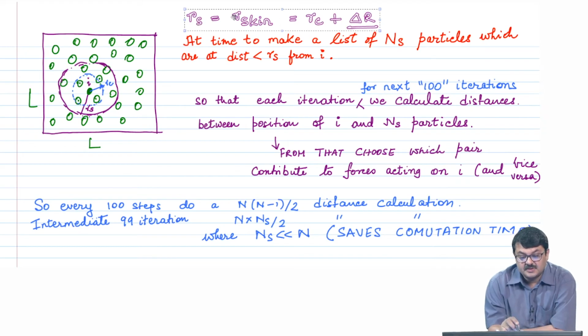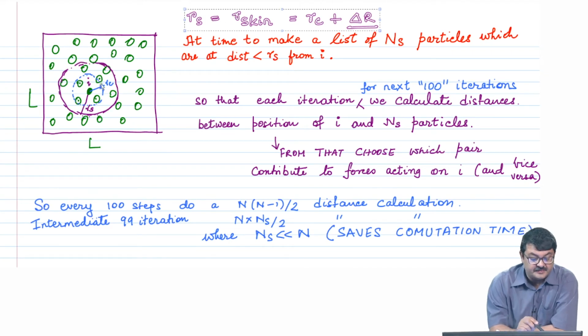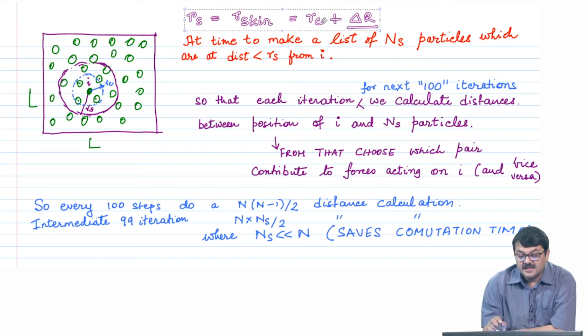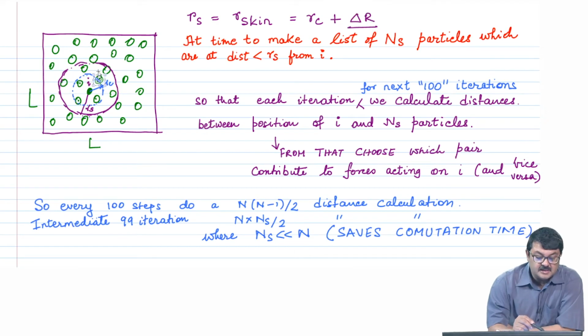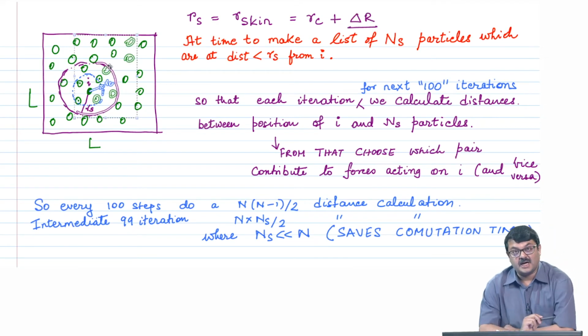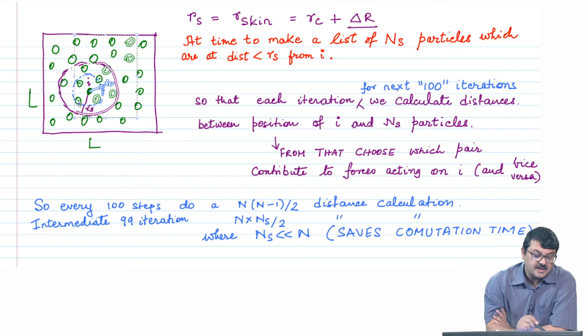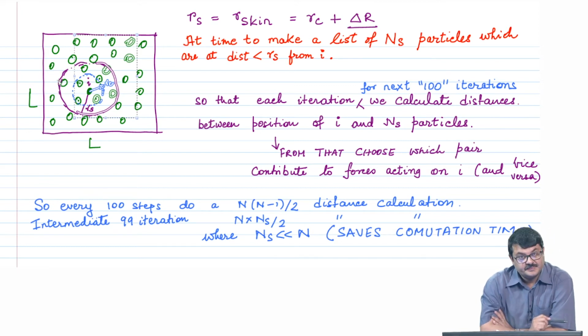This s stands for the word skin, and the radius of this larger circle, which is definitely larger than r c, is r c plus a certain delta r. So, from here to here is delta r. You basically make a list of all particles which are within this distance r s. You do it at time t equal to 0.